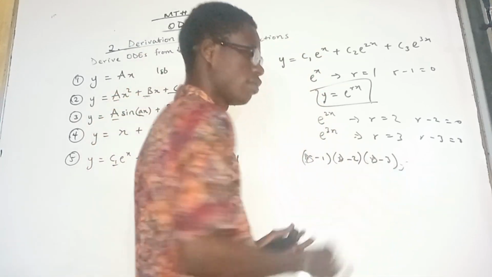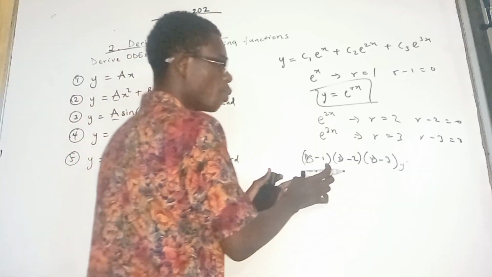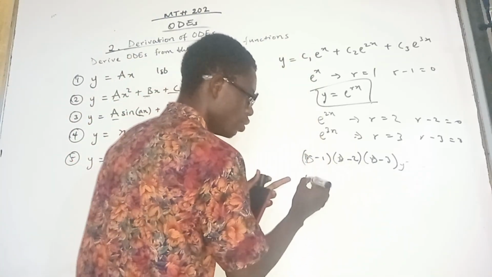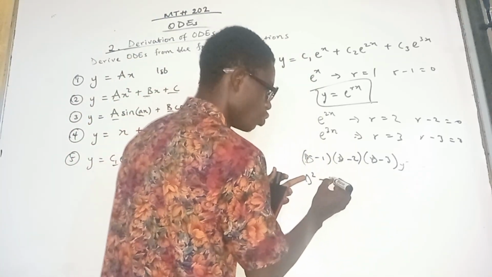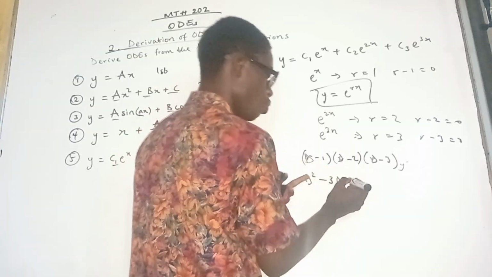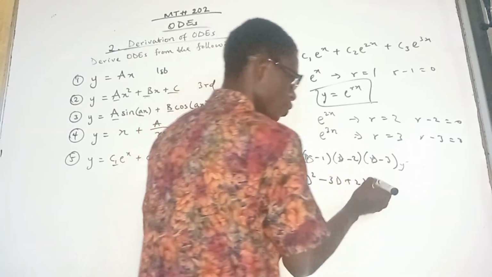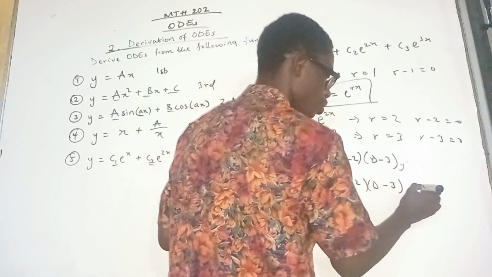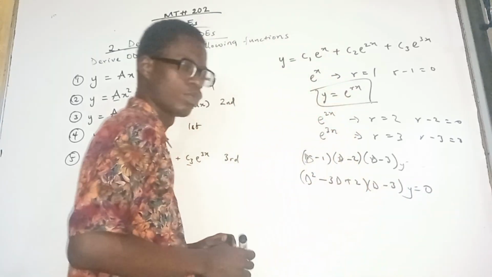Now, opening this bracket, I have D squared minus 2D minus D, that gives me minus 3D plus 2, and (D minus 3) equals 0.